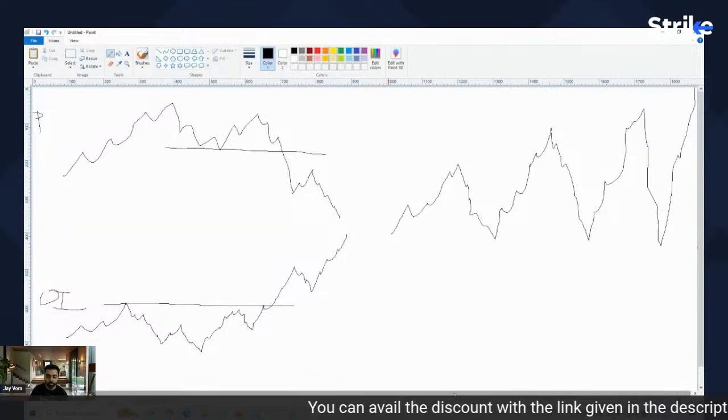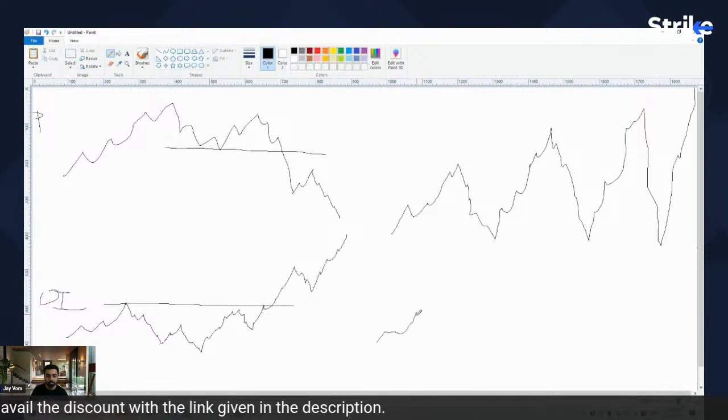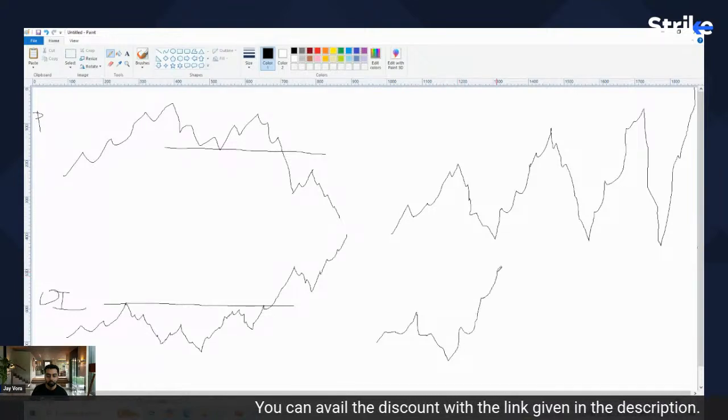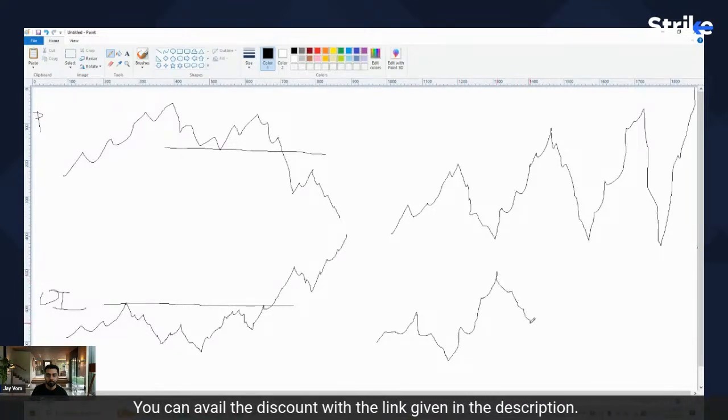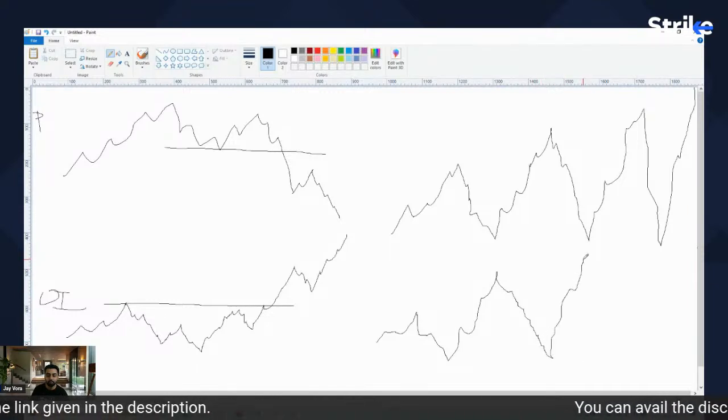In this scenario, open interest might behave something like this: whenever shorts were built, open interest would increase. Then there will again be an up move, unwinding will happen, and then again when shorts are getting built, open interest will be very high.